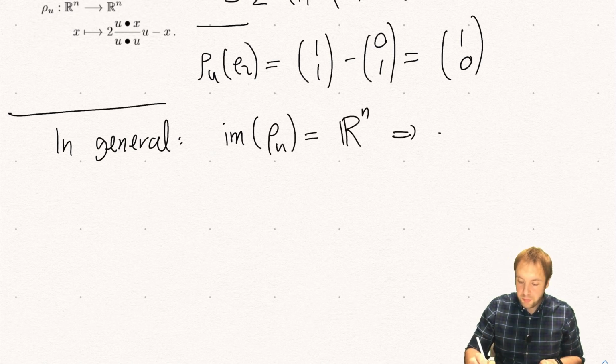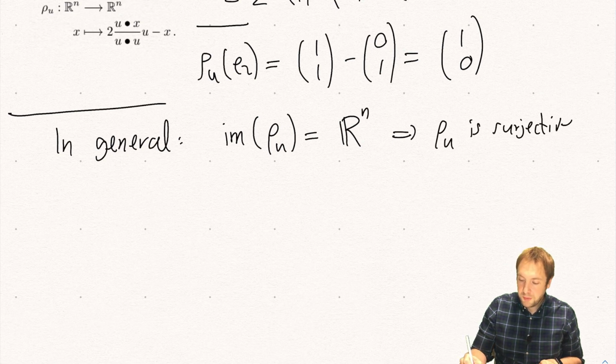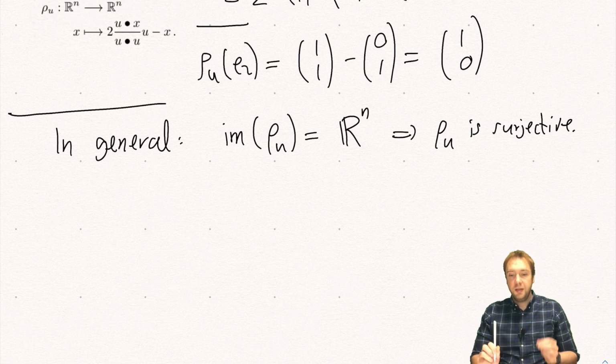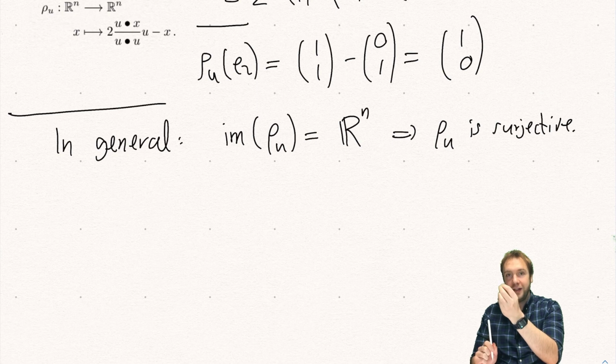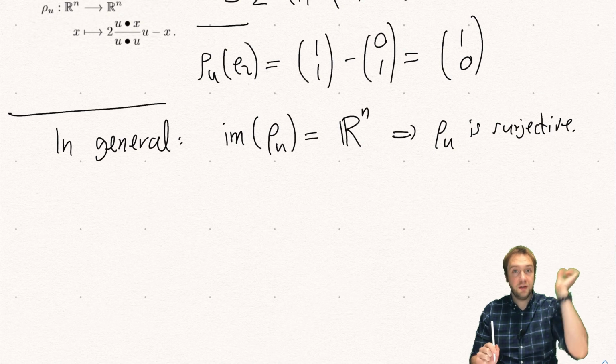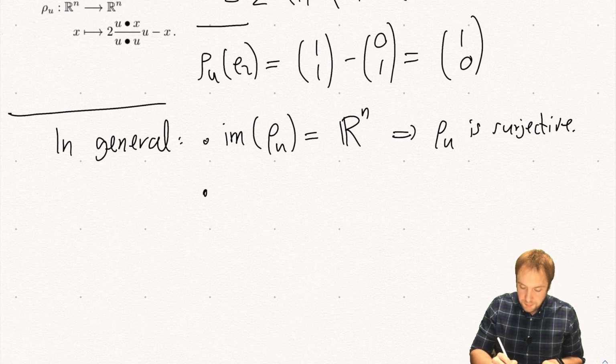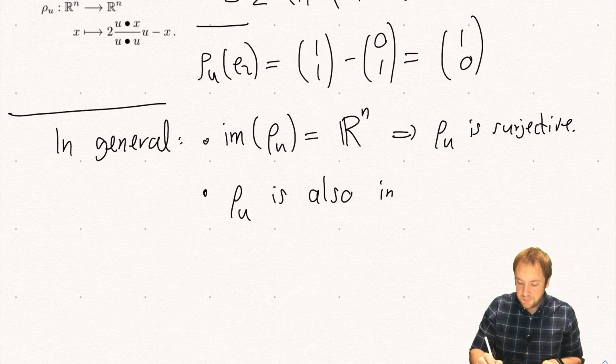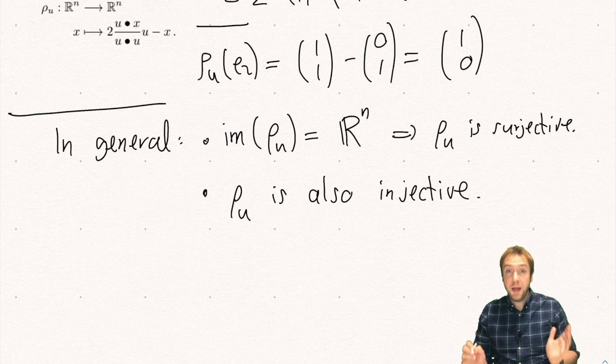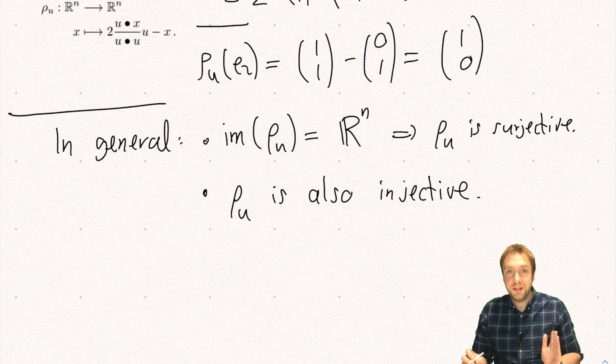So in particular, rho u is surjective, but it's also injective, because if I obtain some point by this reflection, then this just comes from one point, namely the point which is on the other side of the line. So rho u is also injective. Therefore it's bijective, and therefore it also has an inverse.